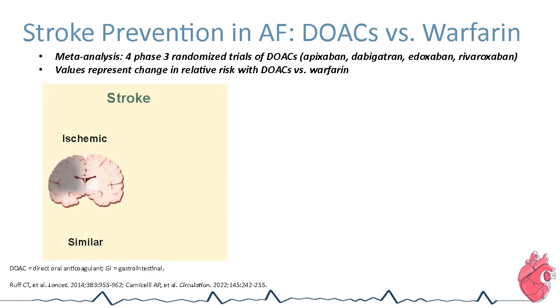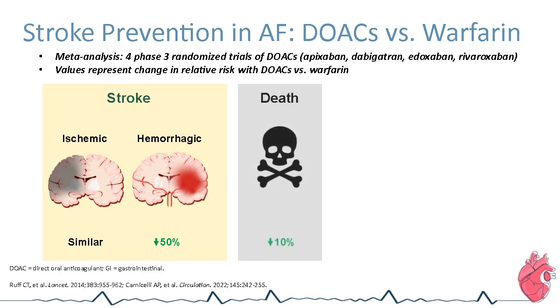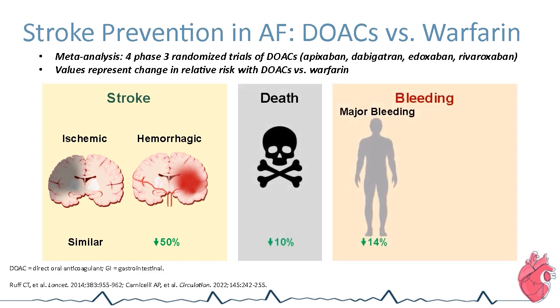They're as effective in reducing stroke, but they're far safer with respect to serious bleeding, particularly intracranial hemorrhage or bleeding in the brain, reducing that by over 50%. And that really leads to a mortality benefit with the DOACs over warfarin. We still do see bleeding on DOACs, but less bleeding than we see with warfarin, really with the exception of gastrointestinal bleeding, which is still common with all of the anticoagulants.